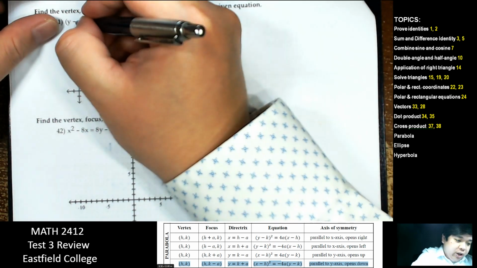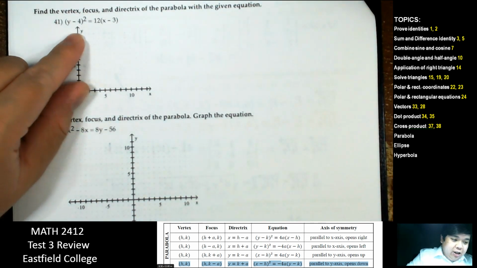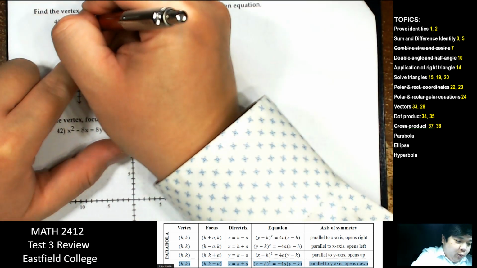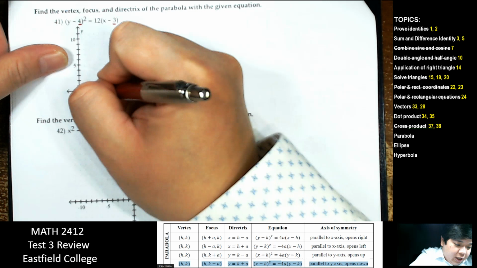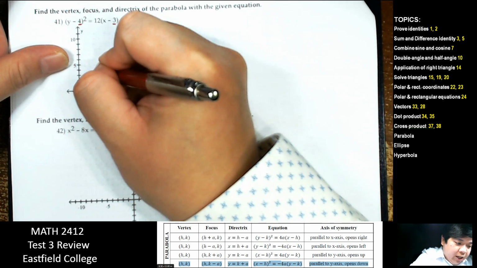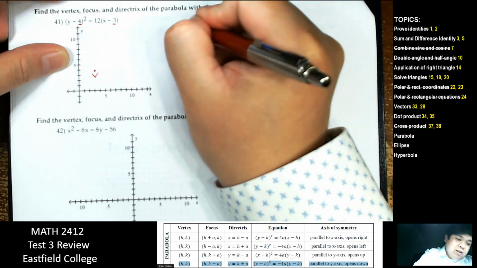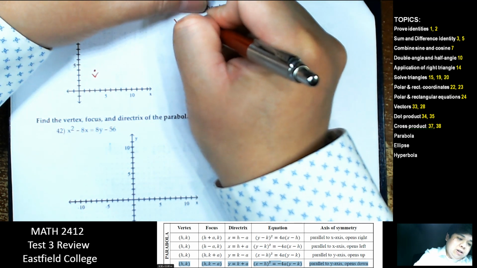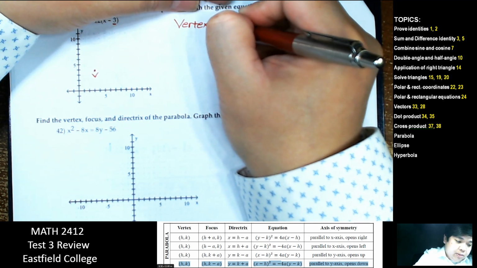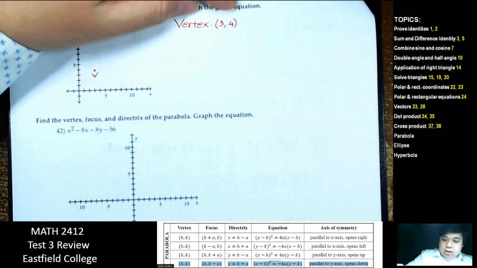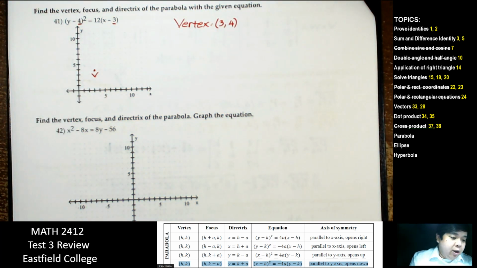Right, so on this one we have y minus 4, x minus 3, so x equal to 3, y equal to 4. That is the vertex. Right.